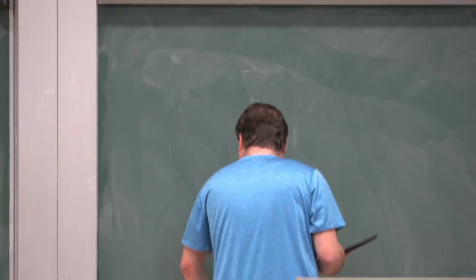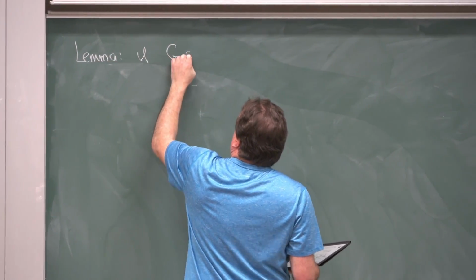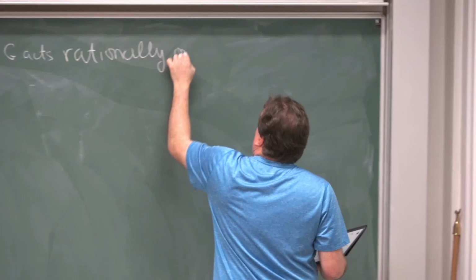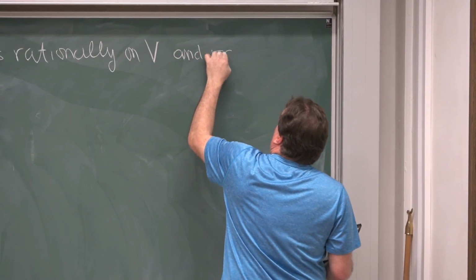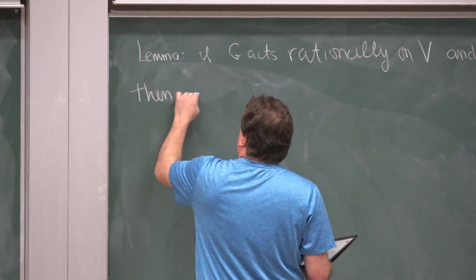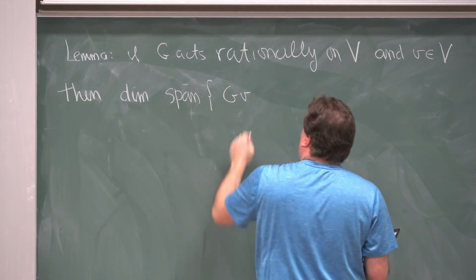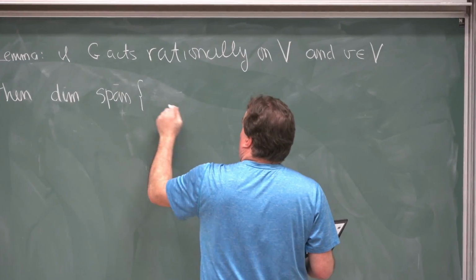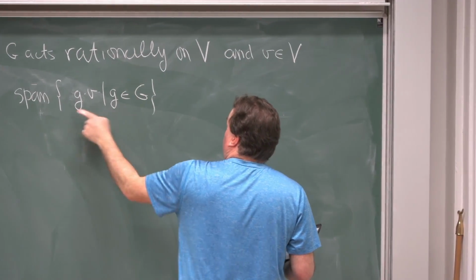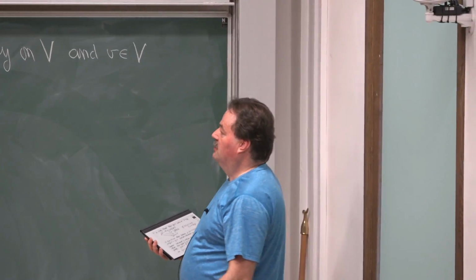So here's a little lemma that's useful later. If G acts rationally on V, and v lies in V, then the dimension of the span of all the elements in the orbit, like all gv where g lies in G, so this is the orbit of v, this is finite.